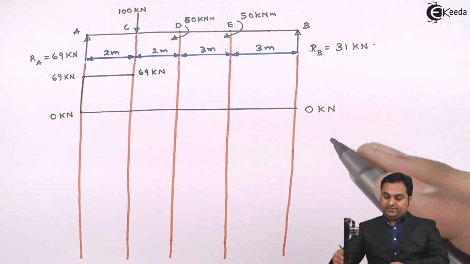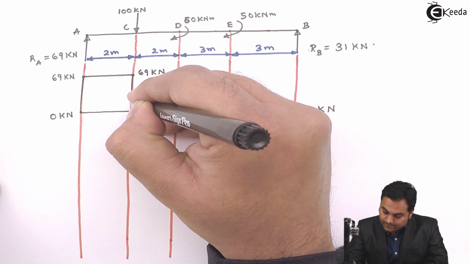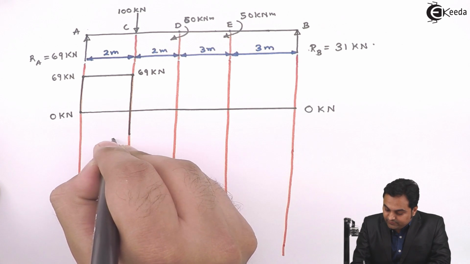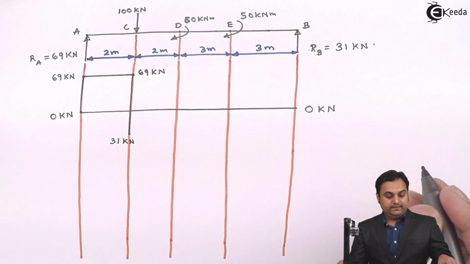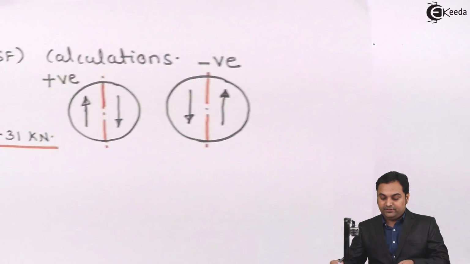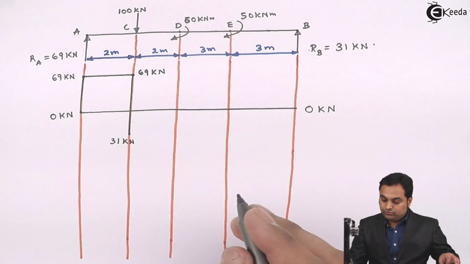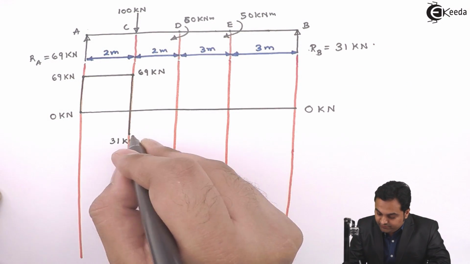Since the value is negative, then we have to go below the 0 kilonewton line. And here I'll say that the value is 31 kilonewton negative. And next, this value of minus 31 kilonewton will continue up to D, E and B.